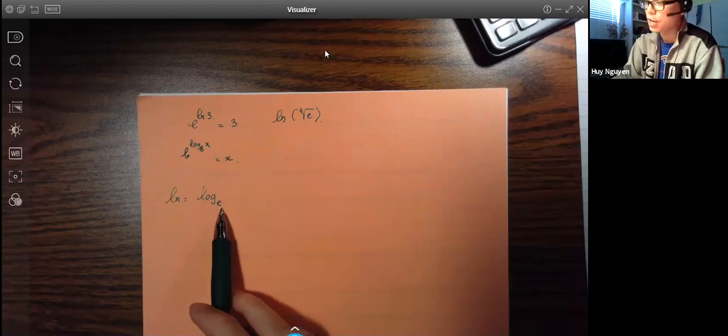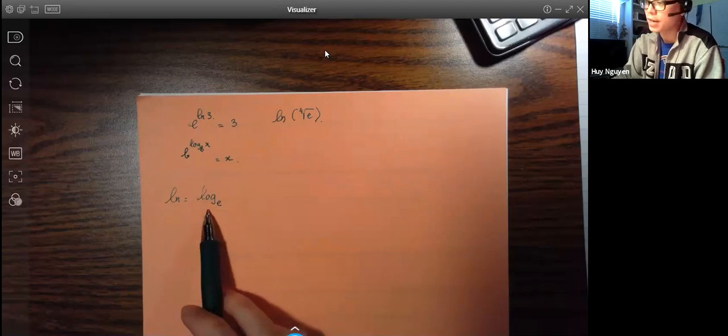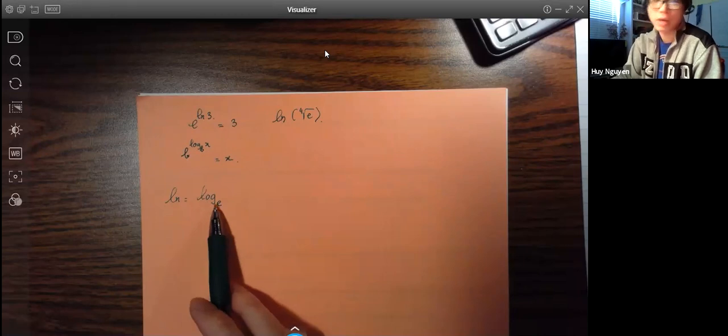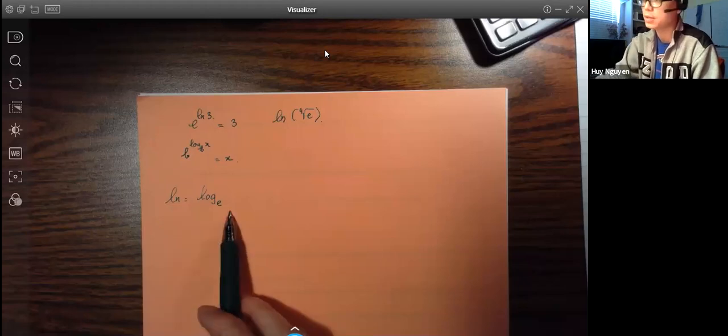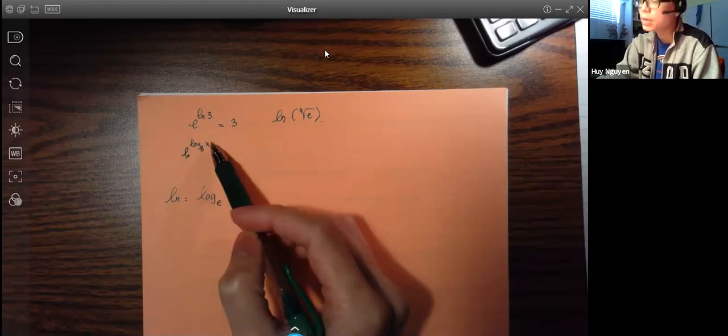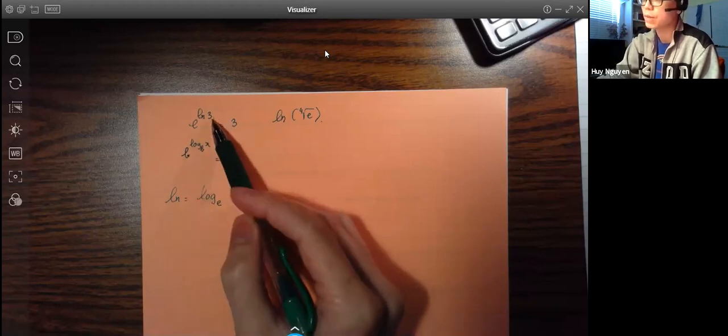But they never write it like this. They never write log sub e. It's not professional writing. They write ln, but you know ln means log base e, and because of the e over here, it cancels out. What you have left is just the argument, which is your number 3.